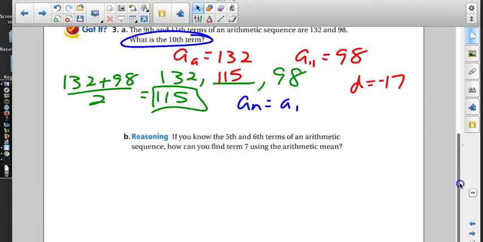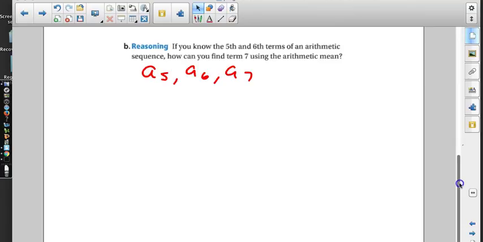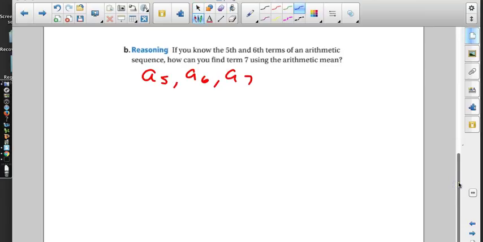How can we find the 7th? Using that arithmetic mean, we're going to come up with a formula that uses these 3. And it says we're supposed to use the arithmetic mean. So if we wanted that one, how would we find it using the arithmetic mean?